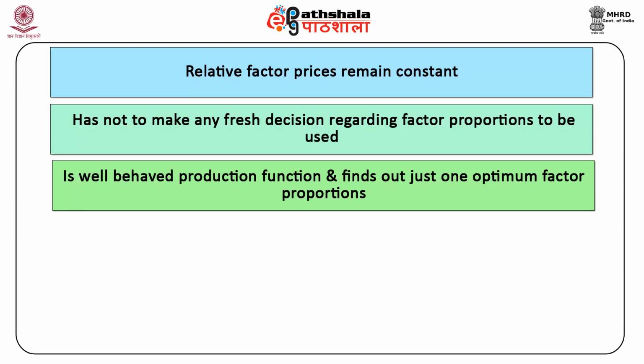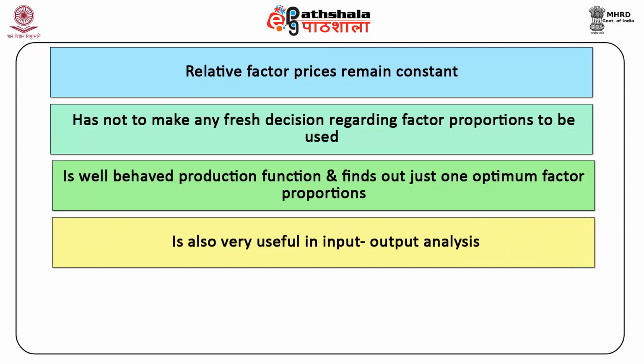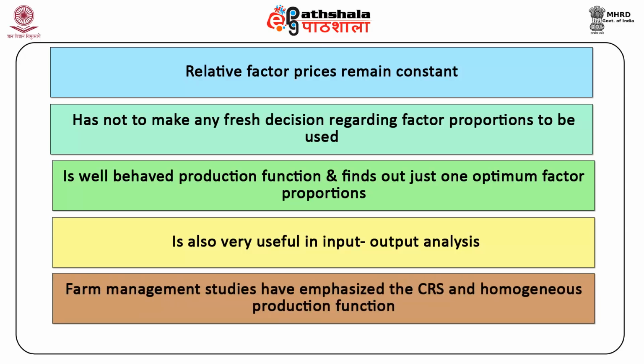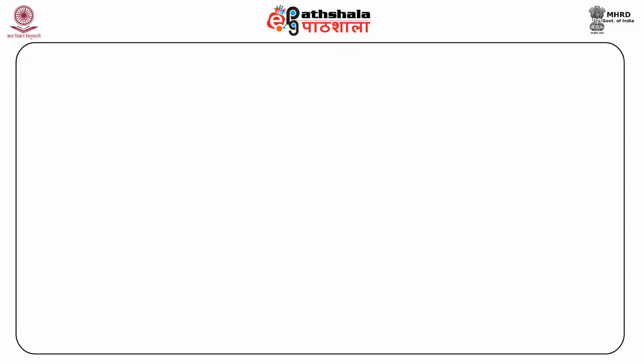Moreover, this feature of the same optimum factor proportions is also very useful in input-output analysis. In India, farm management studies have emphasized the constant returns to scale and homogeneous production function.